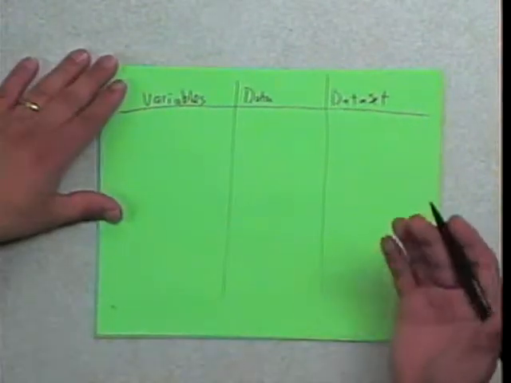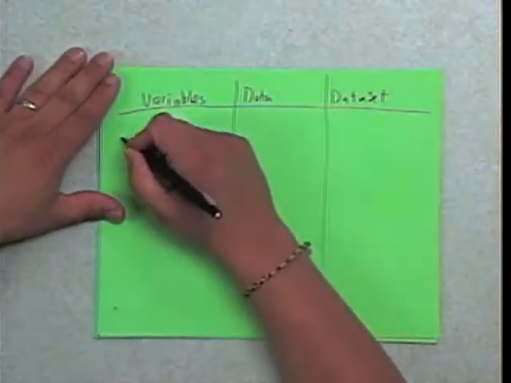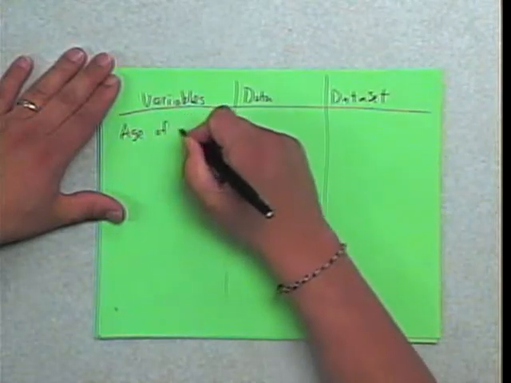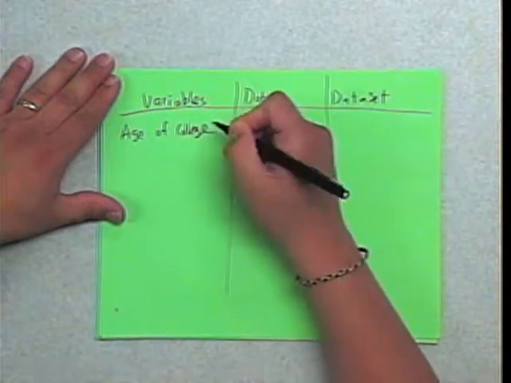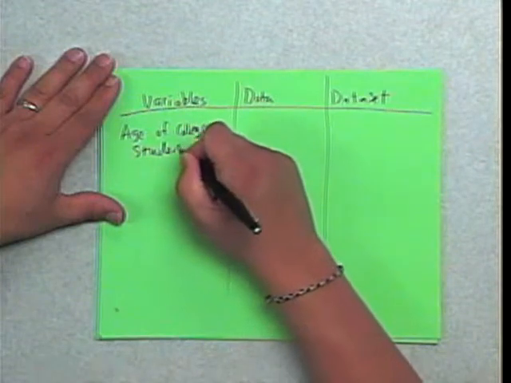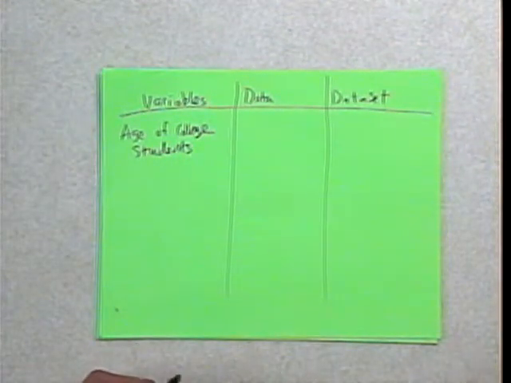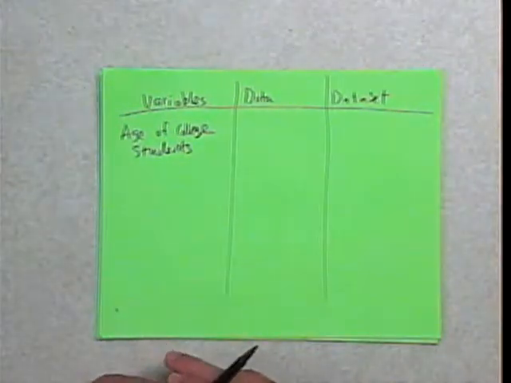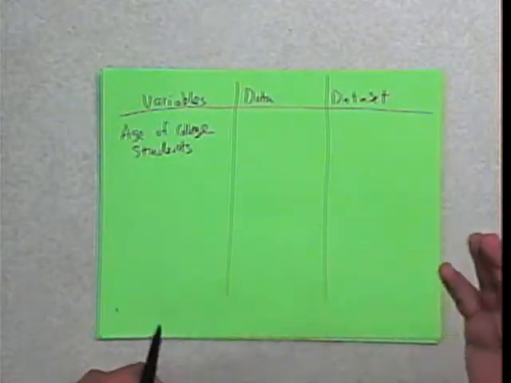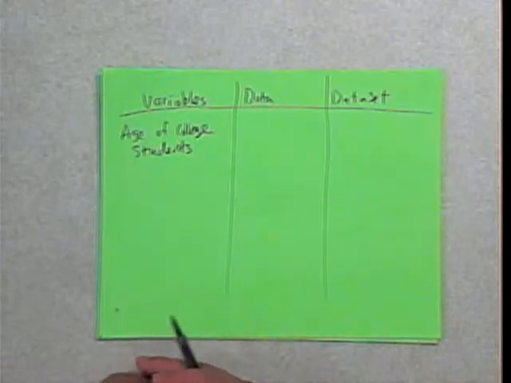For example, something that I might be interested in is maybe the age of college students. That is a variable because it'll vary from college student to college student as I go through a population. So the age of college students is a variable.